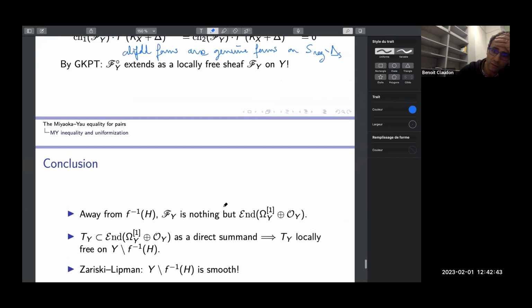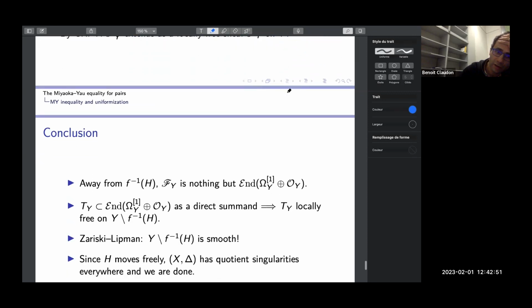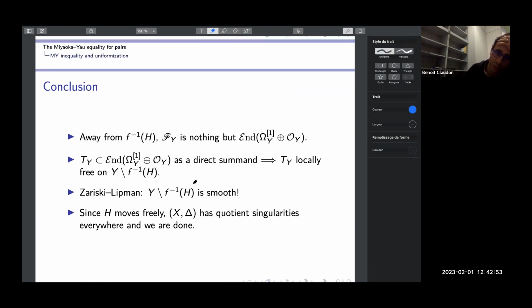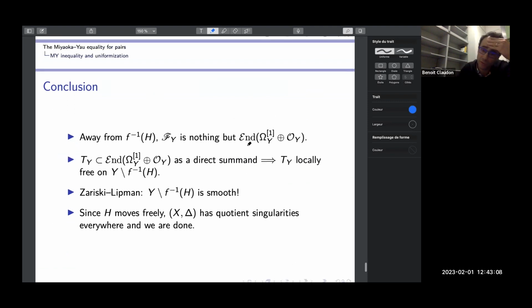And so it extends as a locally free sheaf on the whole of Y. And now it's easy to conclude, because what is this E_Y? If you stay away from this additional ramification, I said this is an unfolding of the orbifold structure, so this is nothing but this quantity.